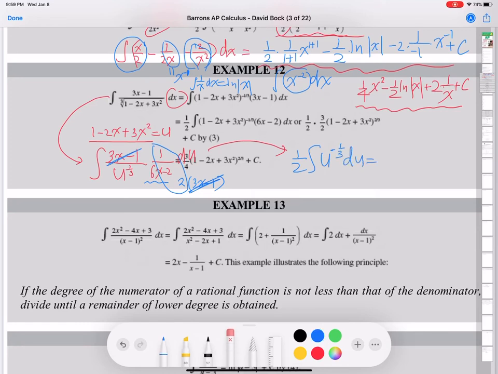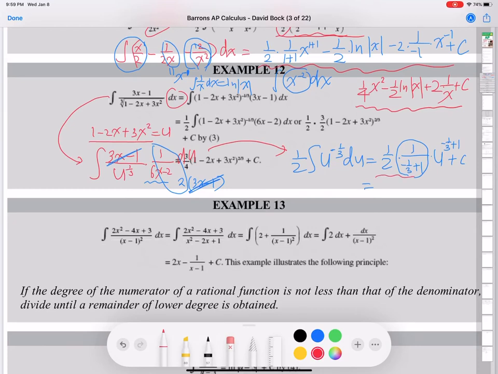And then now the power. How? n is -1/3, so whenever the coefficient is still there, 1 over n plus 1 times u to the n plus 1 power plus c. So this part is going to be 1 over 2/3, which is 3 over 2, right? So 1/2 times 3 over 2 is 3 over 4.